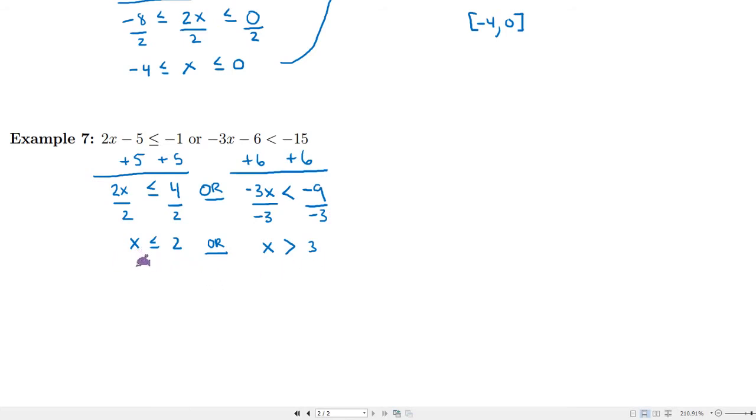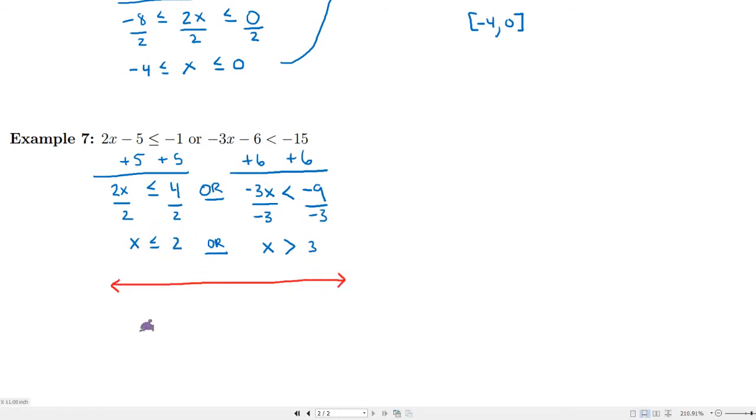Okay, so here is our compound solution, but we want to represent that in interval notation. So let's do this with the graph first, right? Let me switch colors, so hopefully this is a little nicer looking. Okay, so there's our real line.